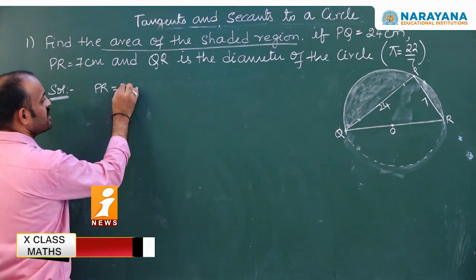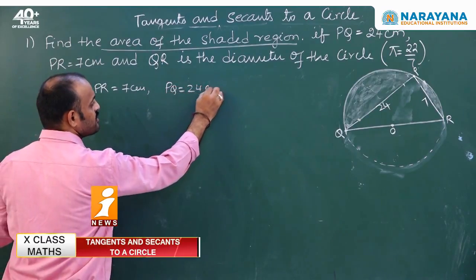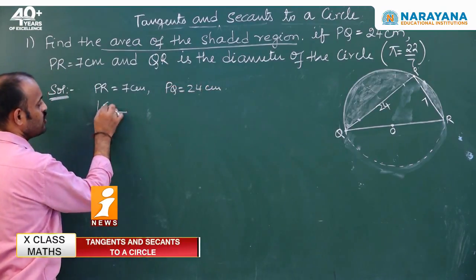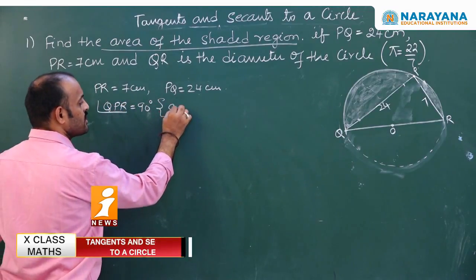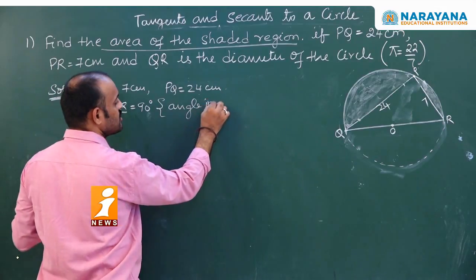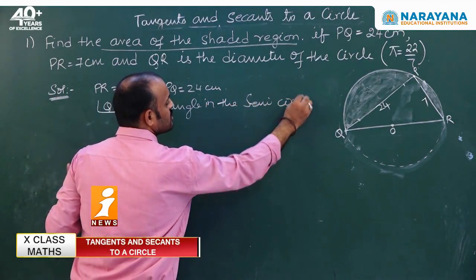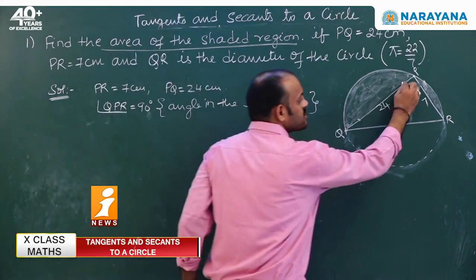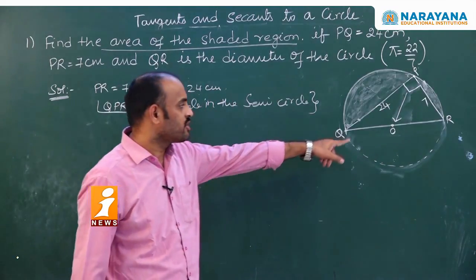Given that PR is equal to 7 centimeters, PQ is equal to 24 centimeters, angle QPR is equal to 90 degrees. Reason: angle in the semicircle is 90 degrees. For 90 degrees, QR is the hypotenuse.